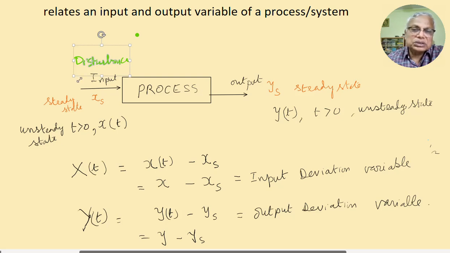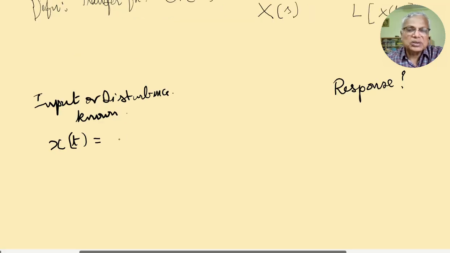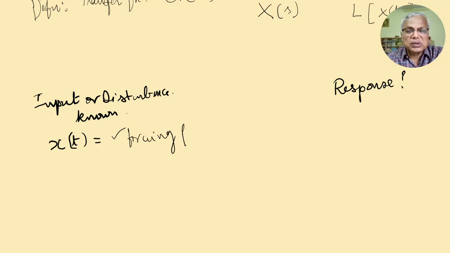How will the process respond to this disturbance? So you have to represent this by means of a forcing function. This is a forcing function on the process.